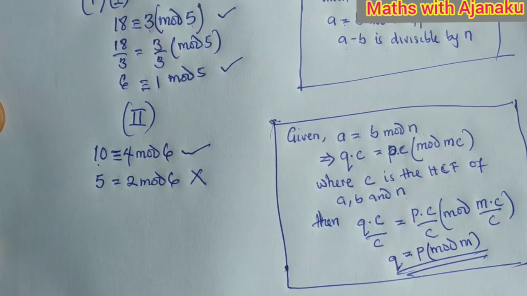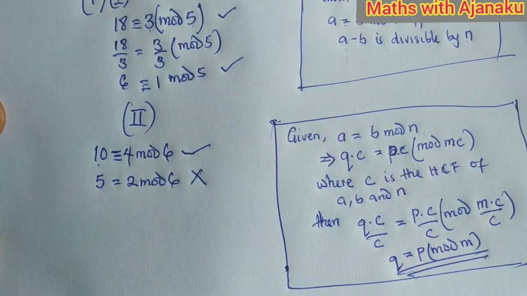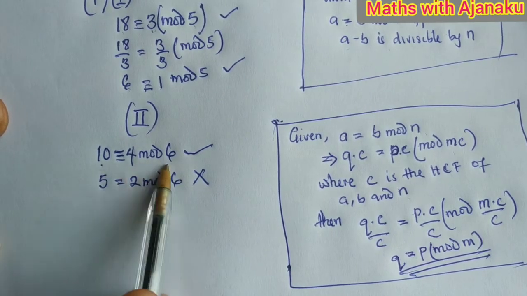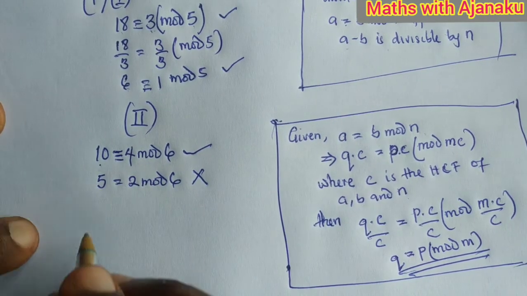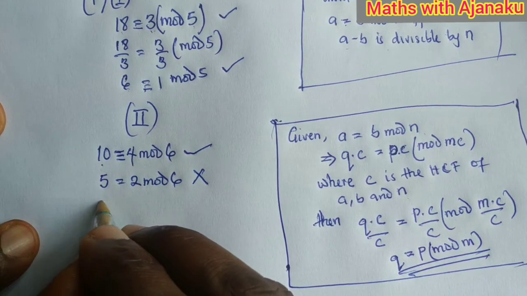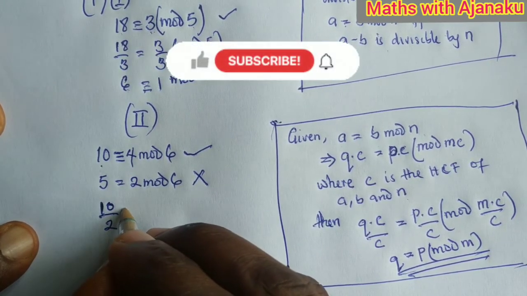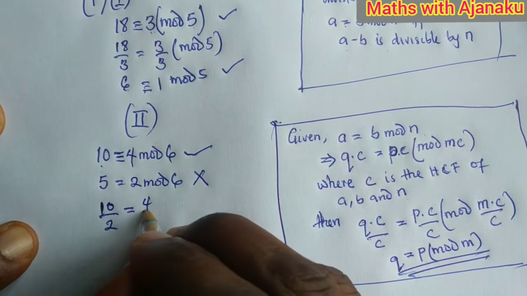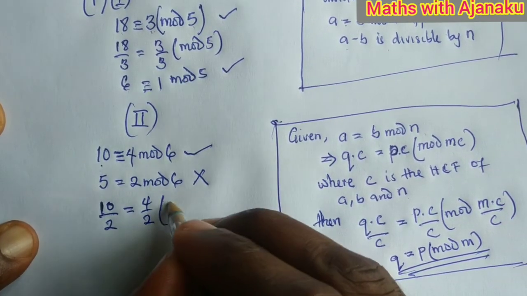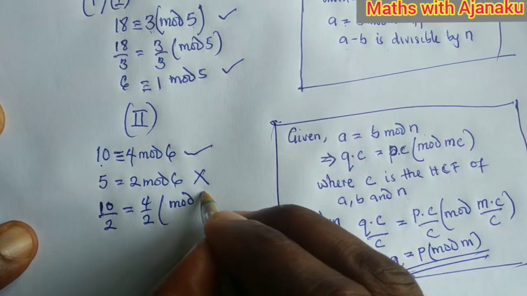This can be applied to the second example. Since our HCF here is obviously 2, this becomes 10 over 2 equal to 4 over 2 modulo 6 over 2.